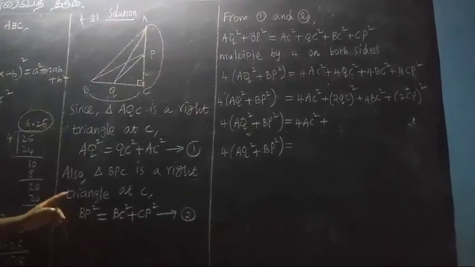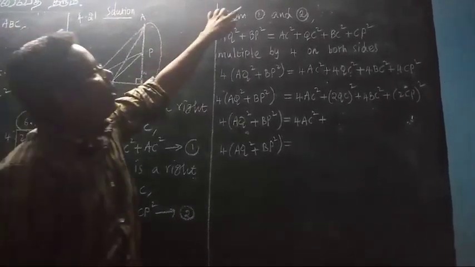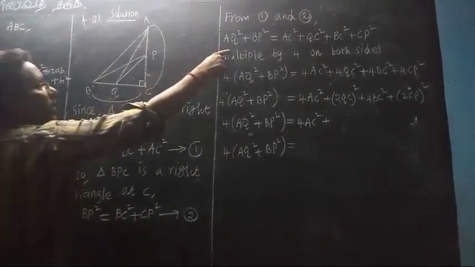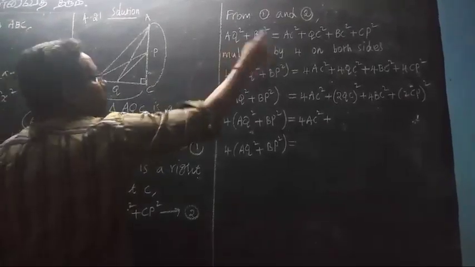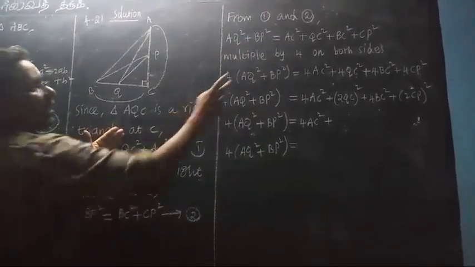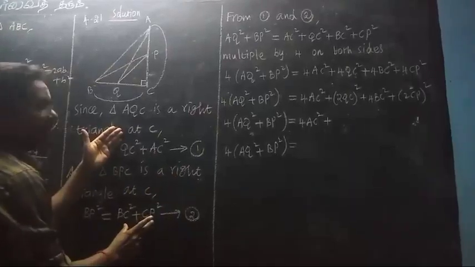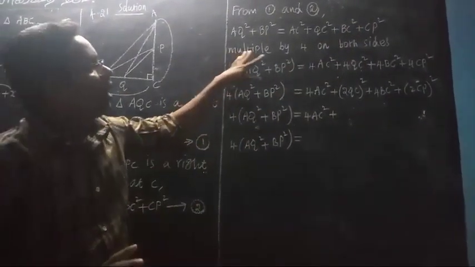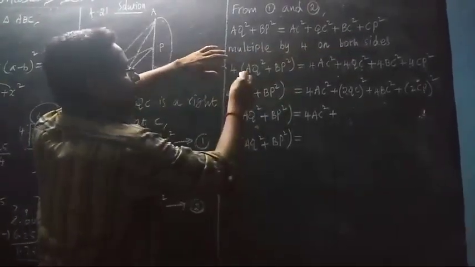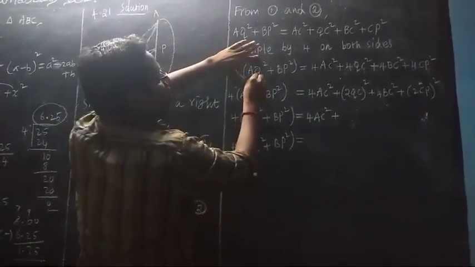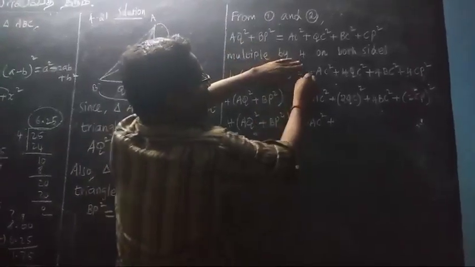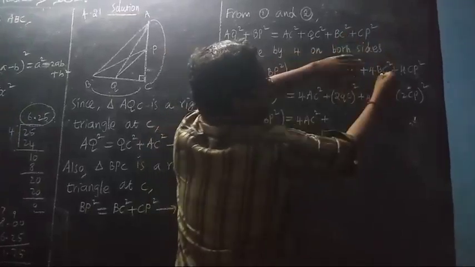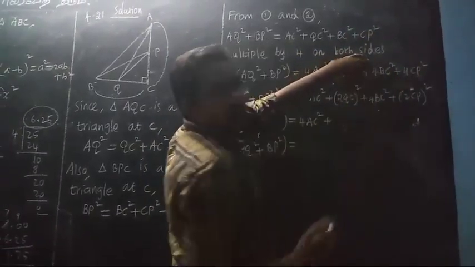Okay. Adding equations 1 and 2, first we add the LHS, AQ square plus BP square. The RHS value is AC square plus QC square plus BC square plus CP square. Multiply by 4 on both sides. Therefore 4 into AQ square plus BP square equal to 4 AC square plus 4 QC square plus 4 BC square plus 4 CP square.